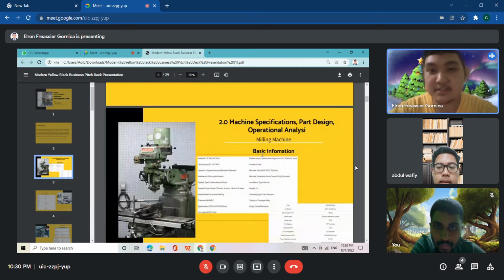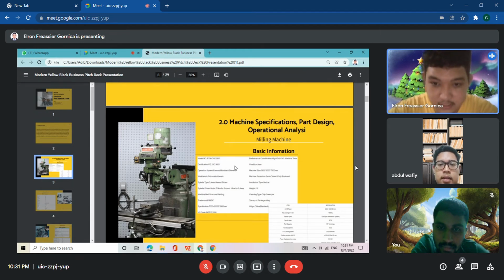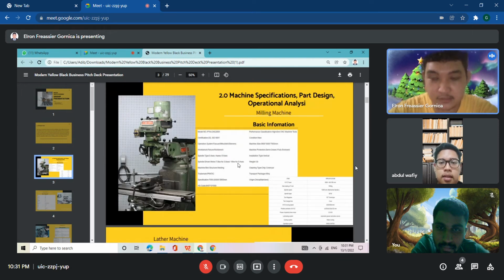Next is machine specification, part design, and operational analysis. We go for the first one, which is the basic information for the milling machine. The model is PYA CNC 2500, which is in new condition, and the weight is about 12 tons.